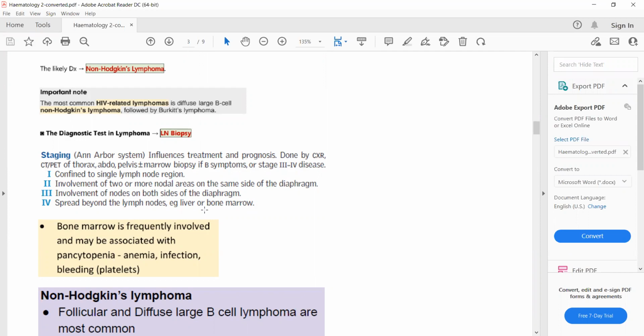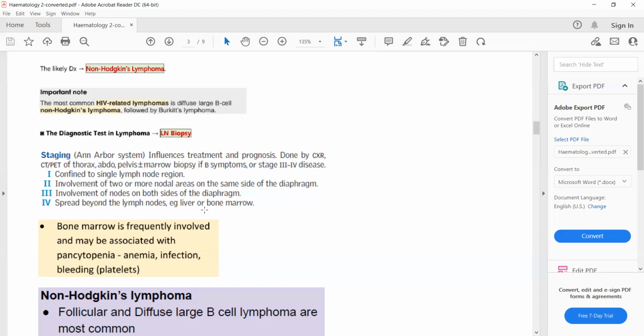So the HIV-related non-Hodgkin lymphoma, is it diffuse large B cell, or is it Burkitt's lymphoma? Are they two different? Yes, they are two different types of non-Hodgkin lymphoma, but they will not ask you to differentiate between them. You will just have to simply select non-Hodgkin lymphoma. Sometimes in the options they give Burkitt's lymphoma as well.